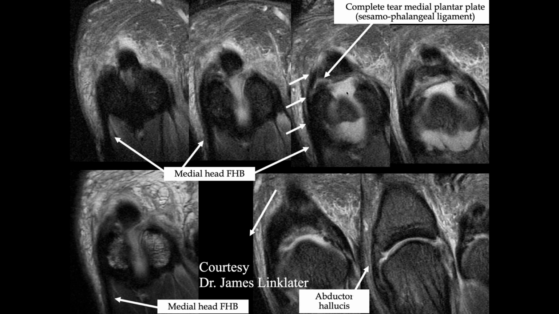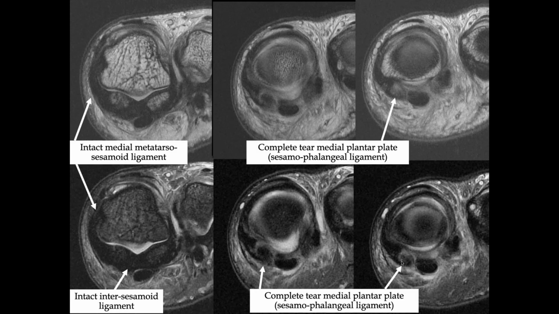And then here are just some other examples. In the axial plane, we can see a tear of that sesamoid phalangeal ligament in that location. And we can see the collateral ligaments and capsule are still intact. And another thing that you can commonly see, but it's not necessarily in turf toe, is trauma to the sesamoid bones, which you've all seen, where you get edema within the sesamoid bones.